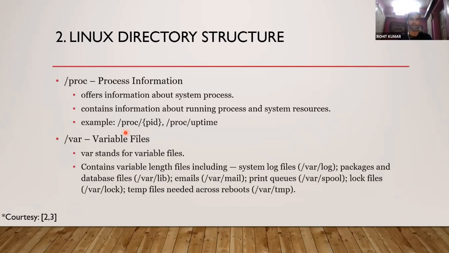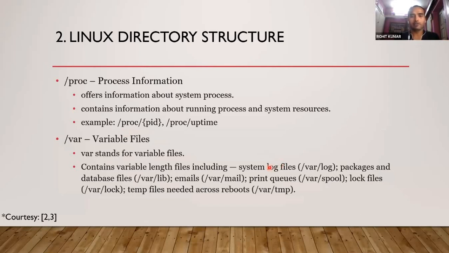Variable files are supposed to hold data that has variable length, meaning it can extend or reduce in future depending on the operations performed on those files. Depending on how frequently you are reading, writing, truncating or adding something, their actual size changes very frequently.